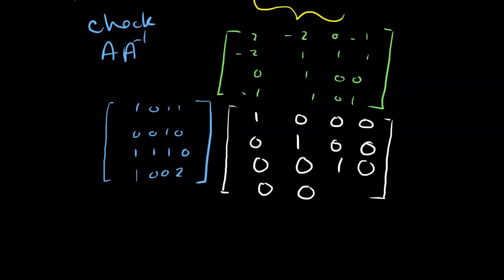This next one, really, everything will end up being 0 plus 0 plus 0 plus 0. And then for the last column here, negative 1 times 1, these multiply by 0, plus 2. So negative 1 plus 2 is a positive 1. So this is an identity matrix, and that verifies that the inverse we found is in fact the inverse.